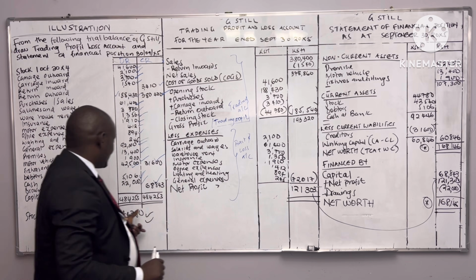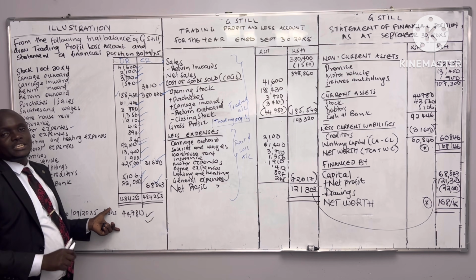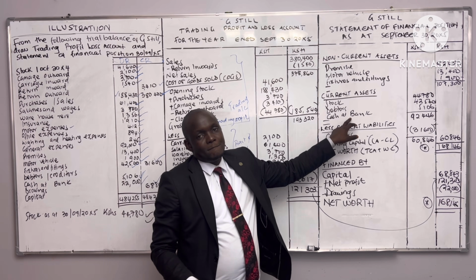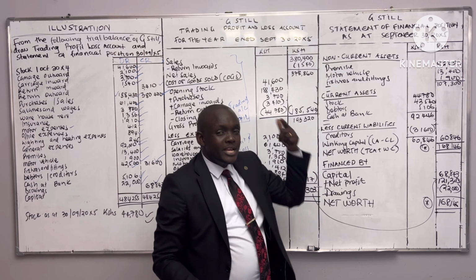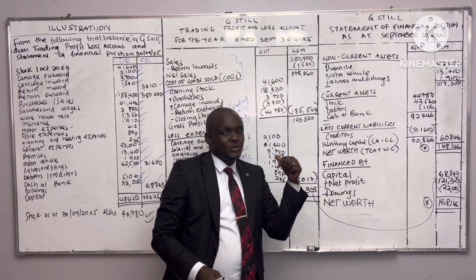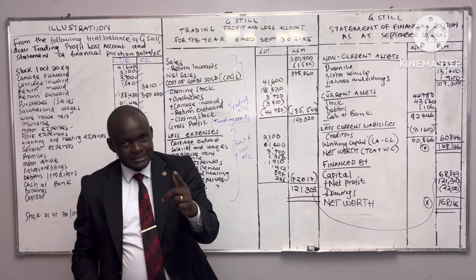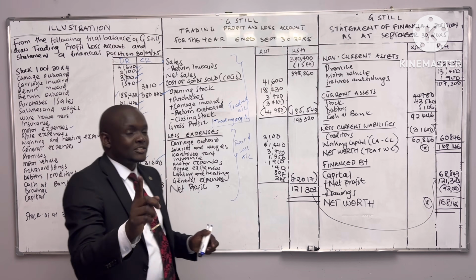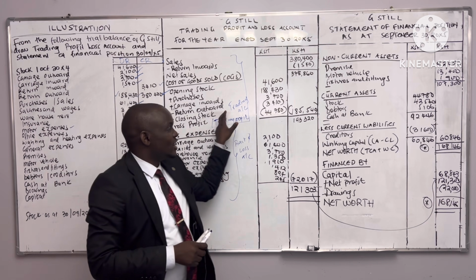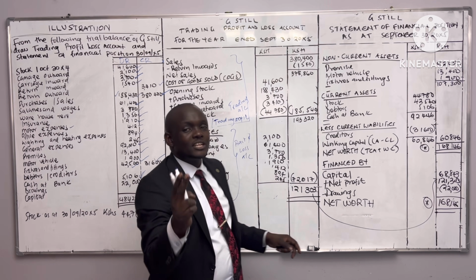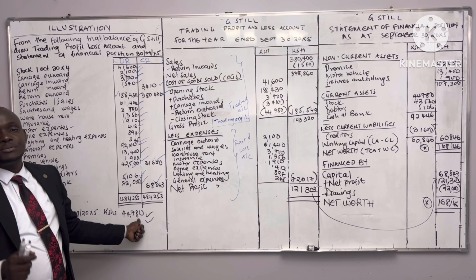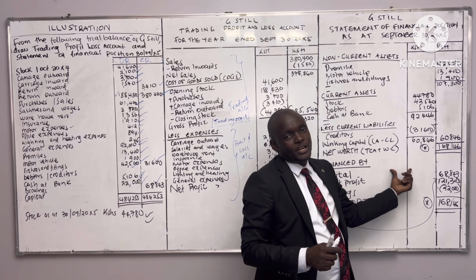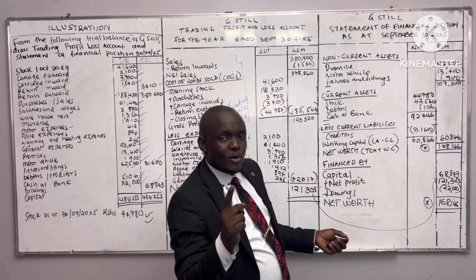Every information in the additional information is posted twice, both in the income statement and in the statement of financial position.